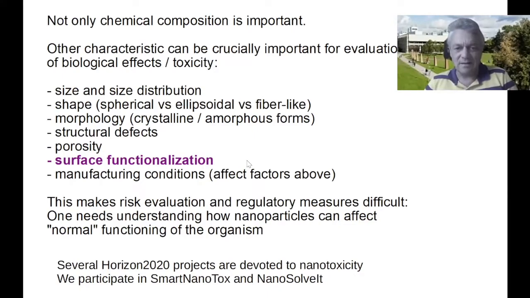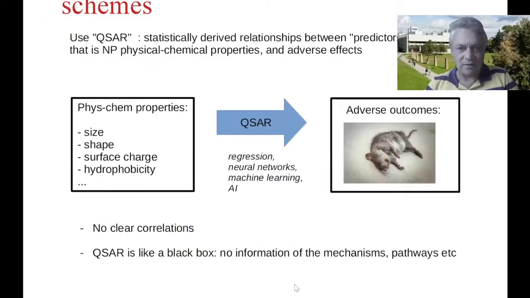And several European projects were financed within the Horizon 2020 programs to study nanotoxicity, and our group participated in two of them, SmartNanoTox and NanoSolveIT. So, some basic ideas behind our approaches to evaluate toxicity. If you look at the traditional toxicity prediction scheme, most of them are based on what's called QSAR analysis, quantitative structure-activity relationship.